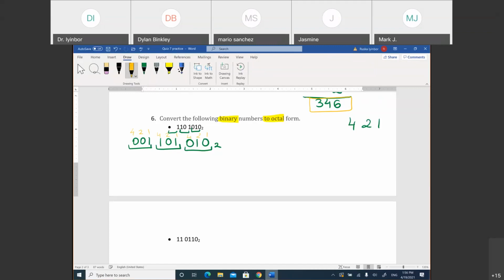So the first digit in octal is just 1. Here I'm adding 4 plus 1 is 5, and this is just 2. So my octal number is going to be 1, 5, and 2. Make sure you put that little 8 at the bottom because it's an octal number system.